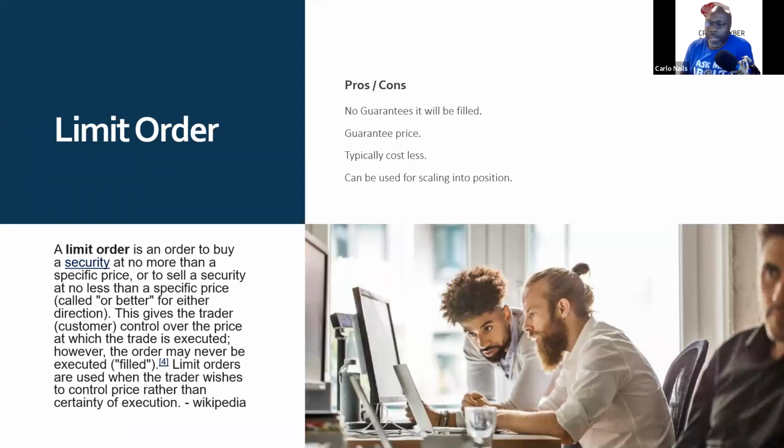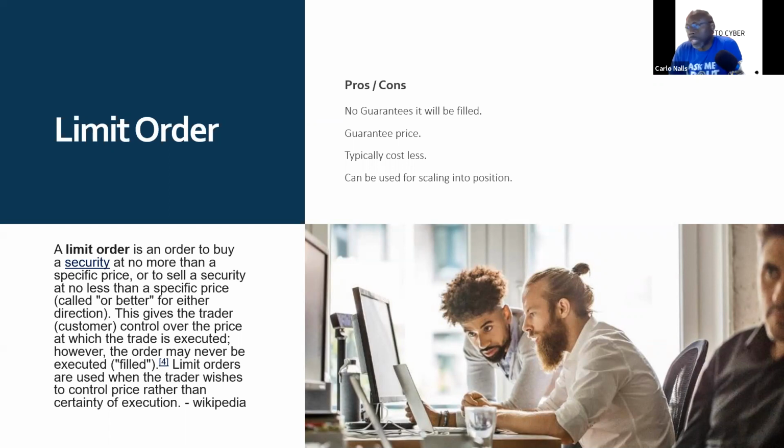So now let's talk about a limit order, right? The limit order is an order to buy a security at no more than a specific price. In other words, there's a limit on the price that I want. Or to sell a security at no less than a specific price, called or better for either direction.